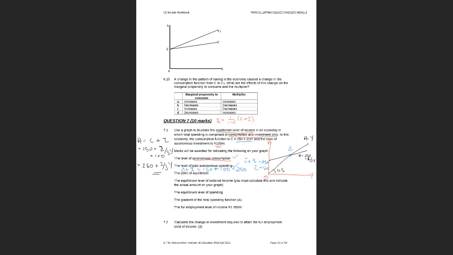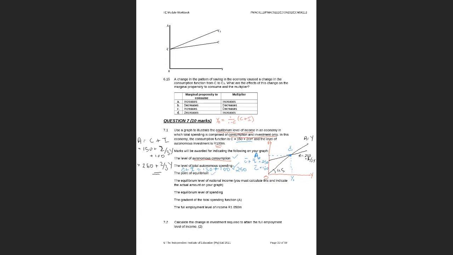So then after that, I draw a line representing my equilibrium level of income. Then I draw another line showing my equilibrium level of spending. No bar on top, just an A0. Okay, so we've done the point of equilibrium.